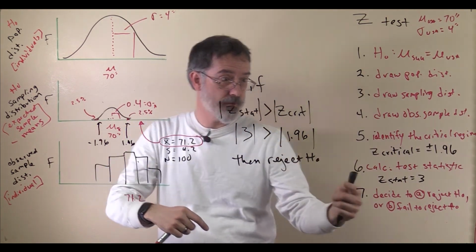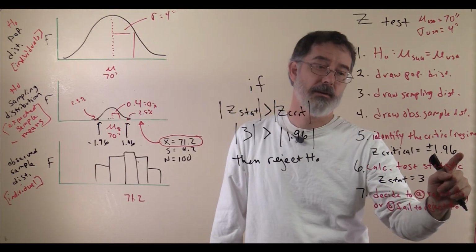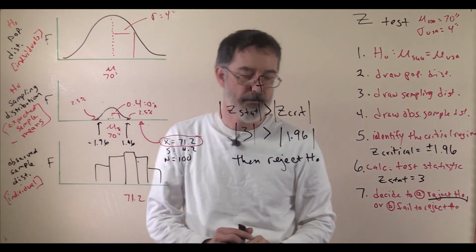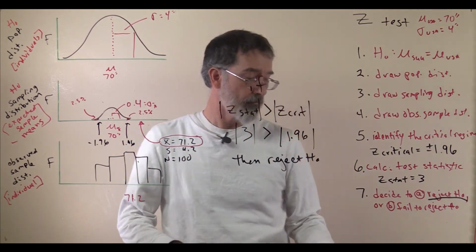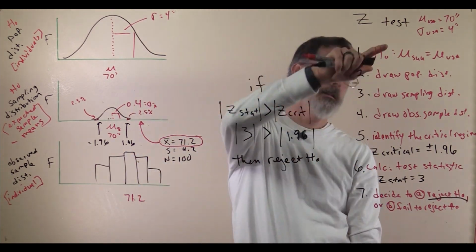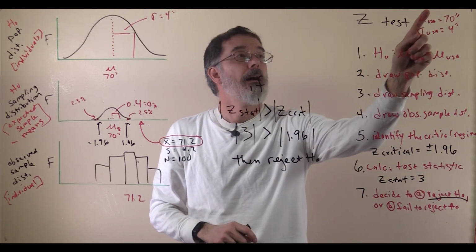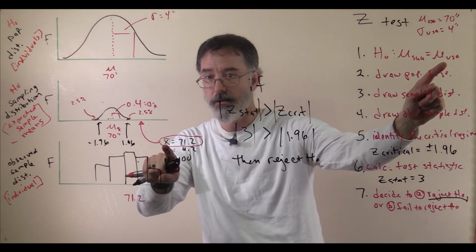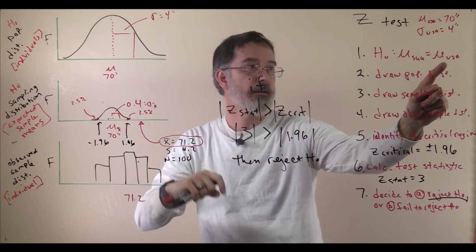In the current situation, 3 is more extreme than 1.96, so we are going to decide to reject the null hypothesis. That means that we're going to decide that in the world, SUU men are taller than American men, and we're going to say taller because 71 is greater than 70.